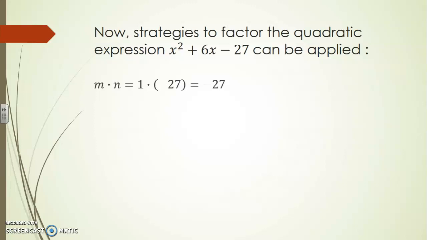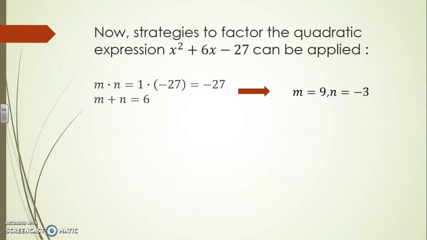Where x squared plus 6x minus 27 is concerned, a is 1, b is 6, and c is minus 27, and therefore the sum product method requires that we find m and n whose product is minus 27. m and n must also add to agree with b, which is 6.